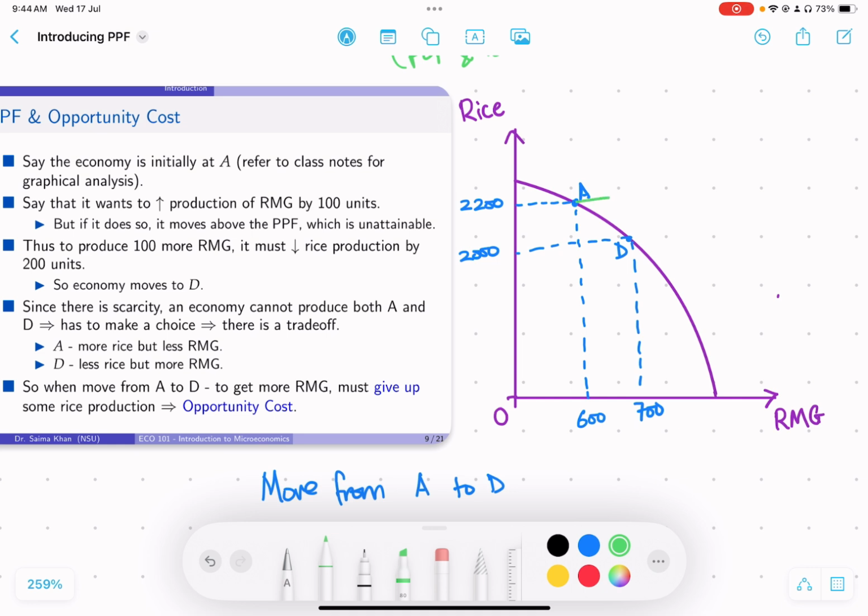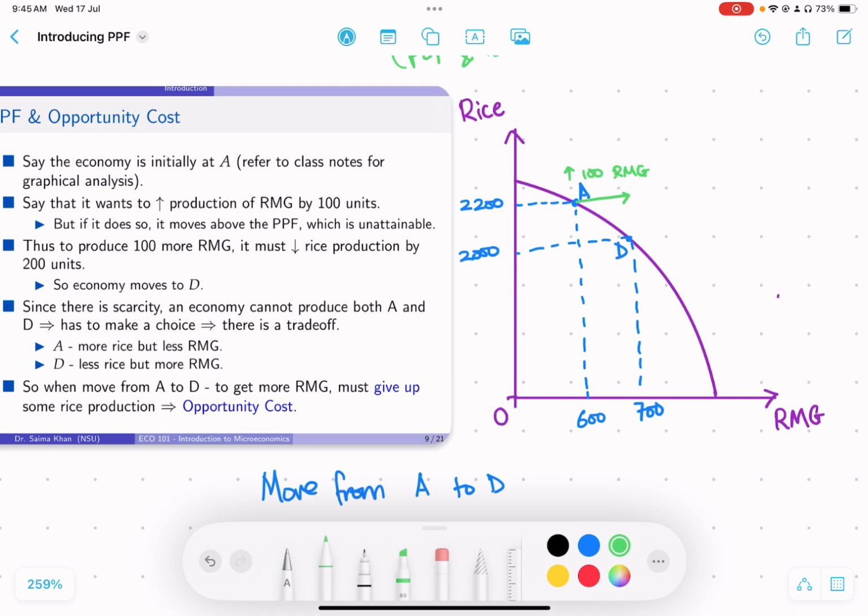Now, if it decides that it's going to increase production of RMG, in this case 600 to 700, so it's going to increase RMG production by 100 units. In that case, remember, it's already using up all of its resources, so no extra resource is lying around anywhere.